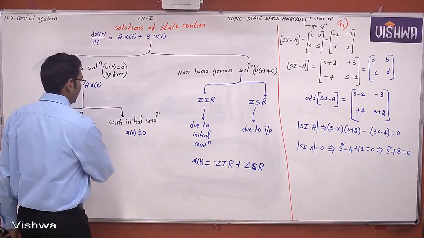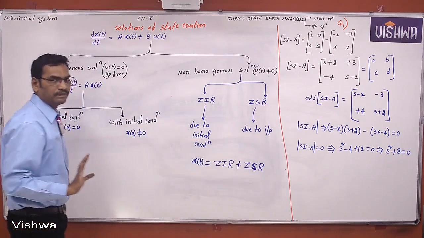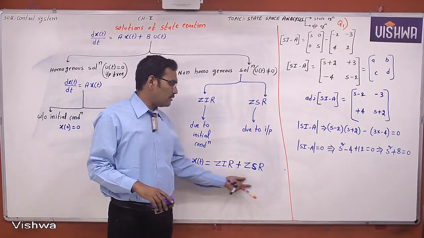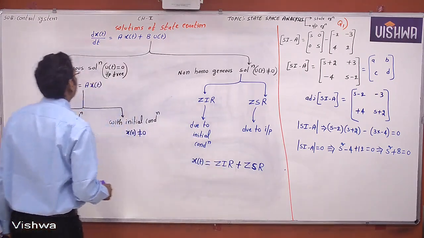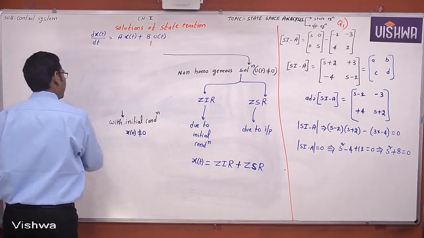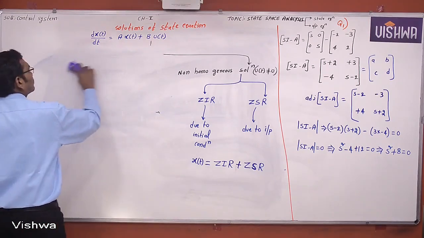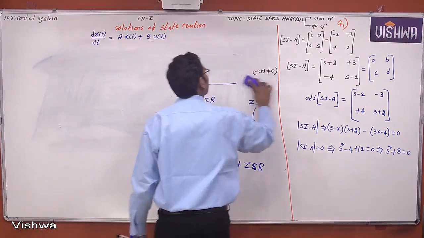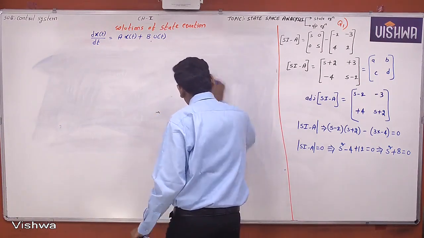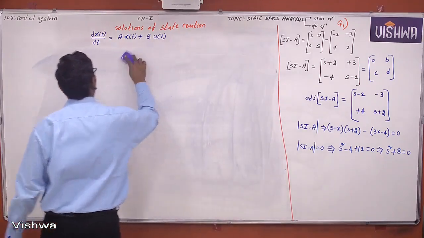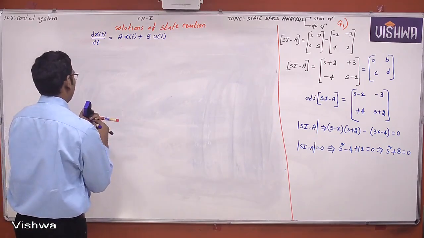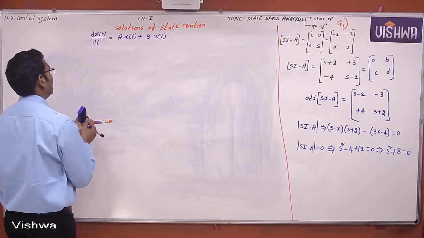Now we will see all these possibilities one by one. Since a general input is existing, this is the general and exact solution. Now, this is the state equation, solutions of the state equation.